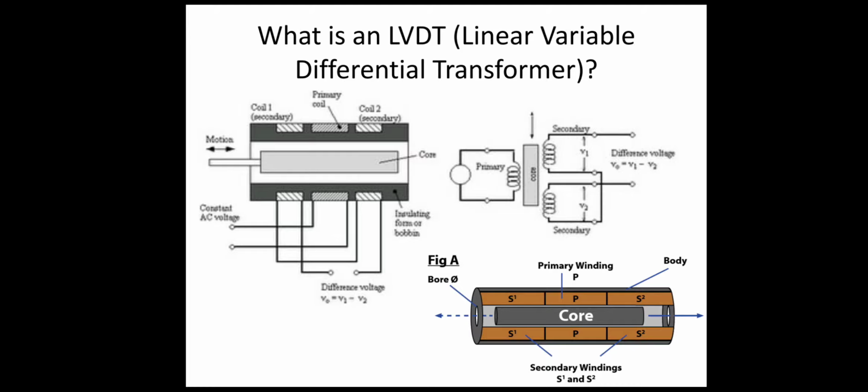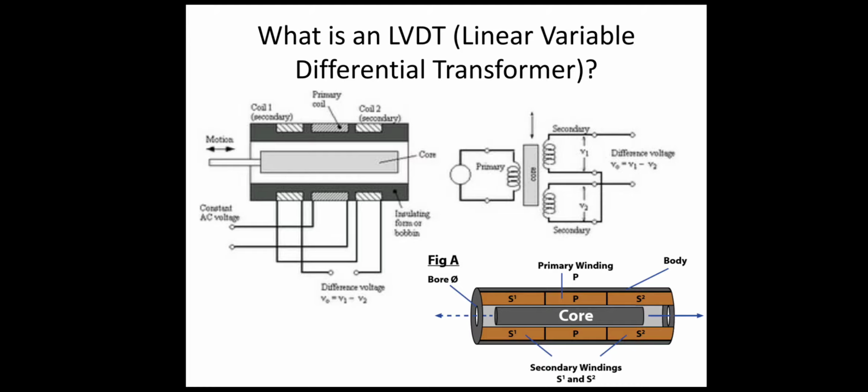Moreover, the mass of the moving body is small, and the moving body does not make any contact with the static part, thus minimizing frictional resistance. Commercial LVDTs are available with full scale displacement ranges of plus or minus 0.25 mm to plus or minus 25 mm.